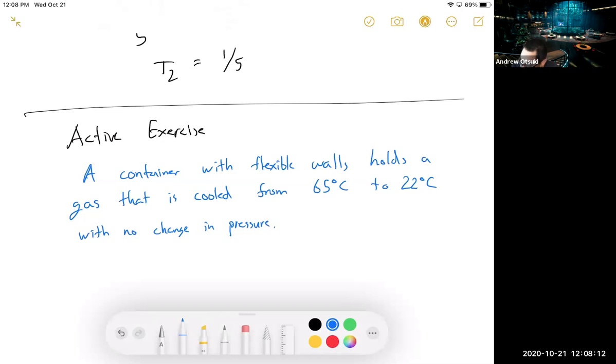So I know this might sound kind of funny, because if you decrease the temperature, how does that not result in a change in pressure? What we mean by change in pressure is the change in total pressure of the system. So even if you decrease the pressure on one side of the system, the other side of the system will probably increase, and that will make up for the total pressure staying the same.